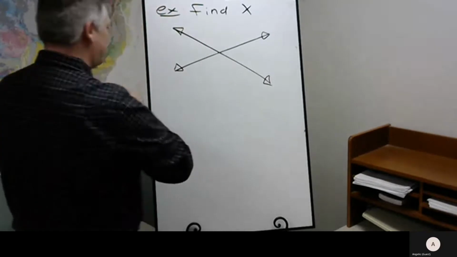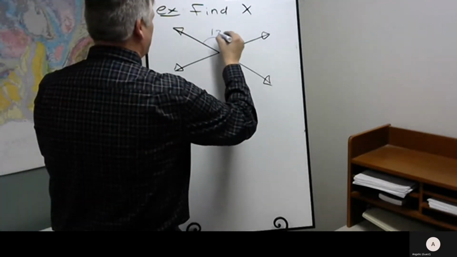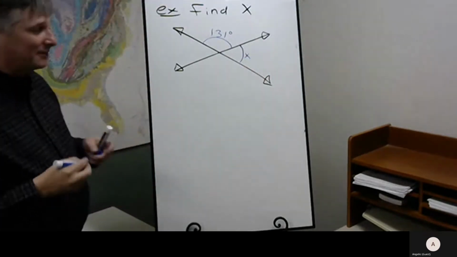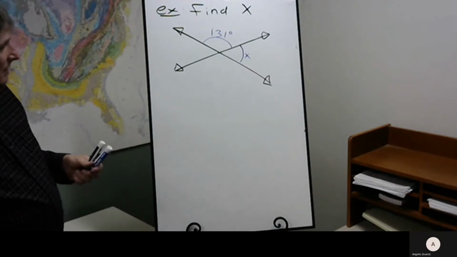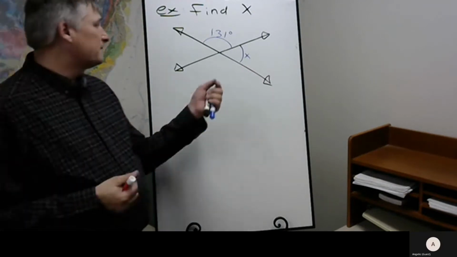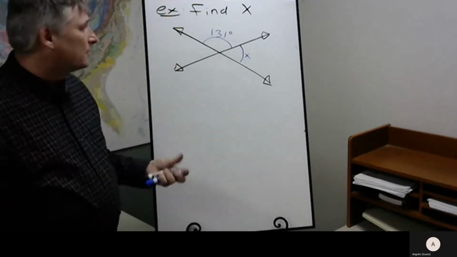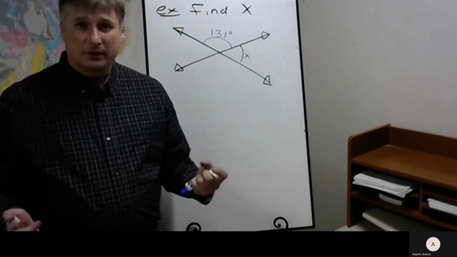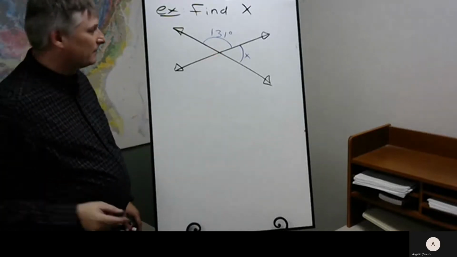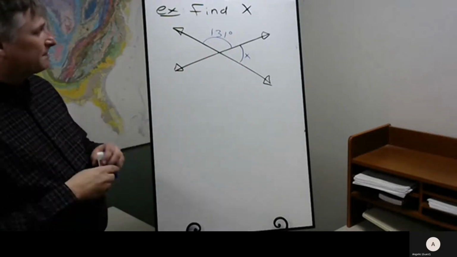And let's say we have an angle 131 degrees and an unknown angle x. So what can we do? Well, maybe we can figure this out. Because these are two lines without any bends or breaks, the rule of vertical angles will work. That means this angle and this angle are equal. And this angle and this angle are also equal.